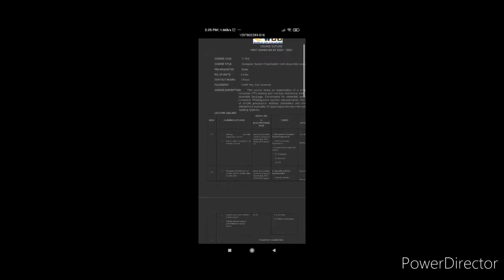For week 1 and 2, we will apply this for the whole semester. We have the first week and the second week for the topic Introduction to Computer System Organization. What is computer organization?